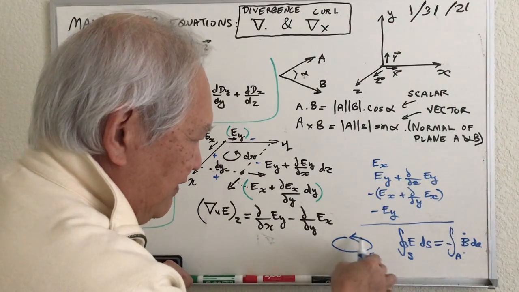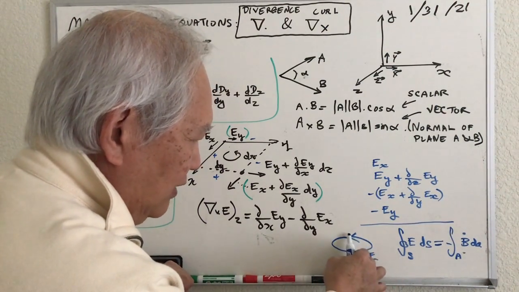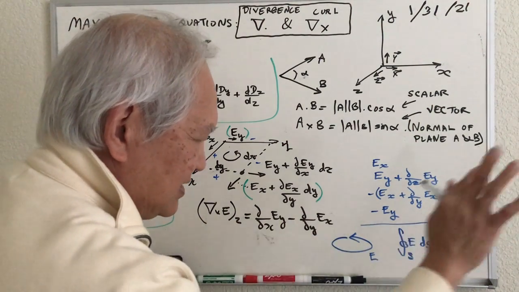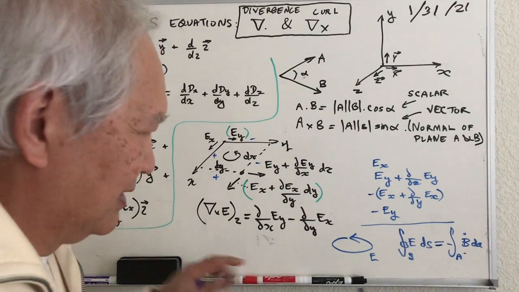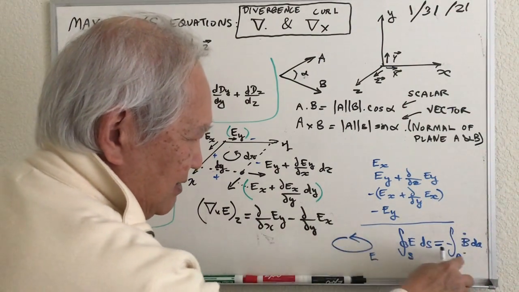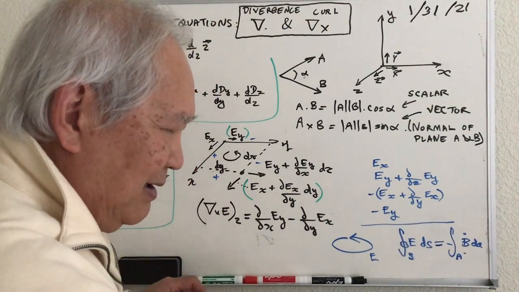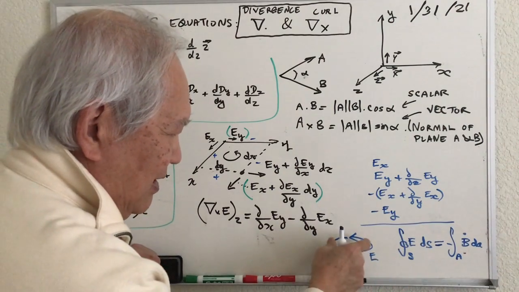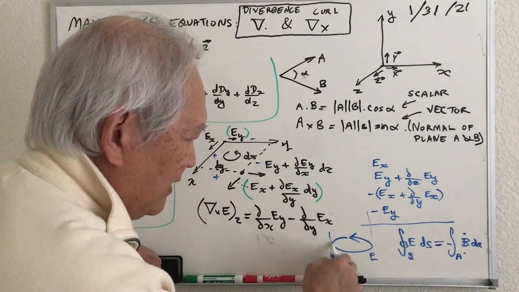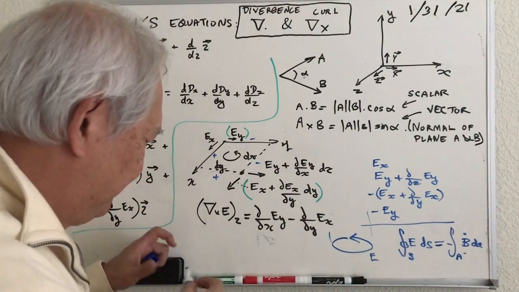So Faraday's law says that the integration around a closed loop will be equal to minus, just because of the way things are defined, the change of the flux, meaning the B, the magnetic flux that is going through the whole area defined by that closed loop.